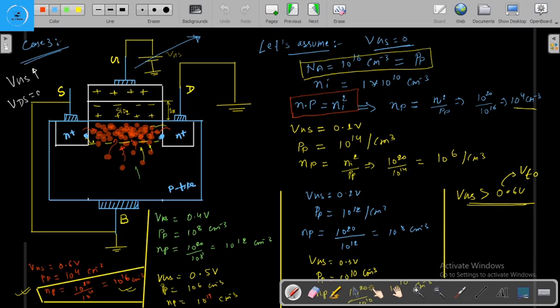Now our second case is when we increase the gate to source voltage and keep VDS equal to 0.